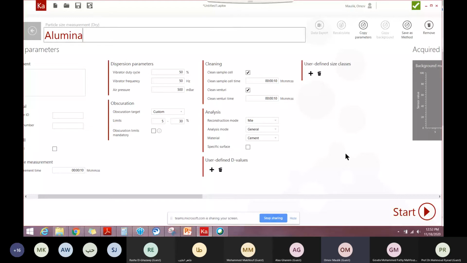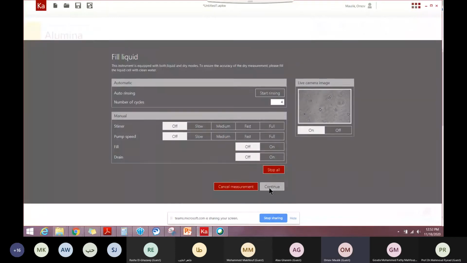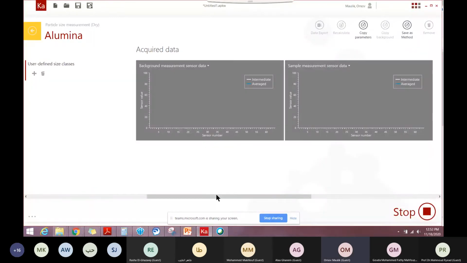I'll measure the background and keep all the parameters the same. Here you can see this sound. This sound is actually coming from a vacuum cleaner, because as I have mentioned, you require a vacuum cleaner in order to measure these sorts of samples.